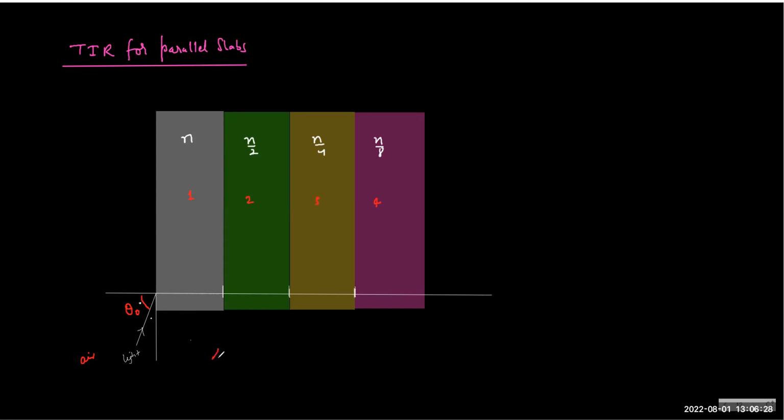If the incident ray suffers TIR due to medium 4, then find n. You got the question?